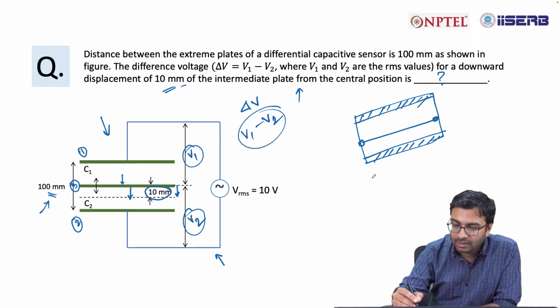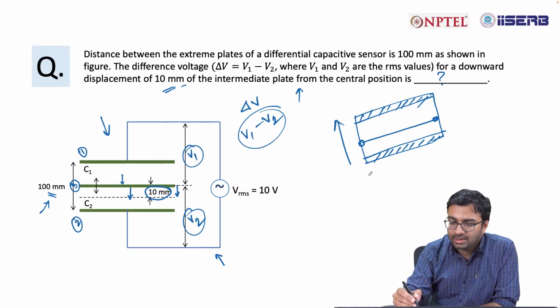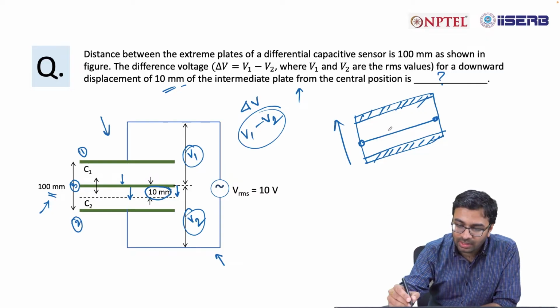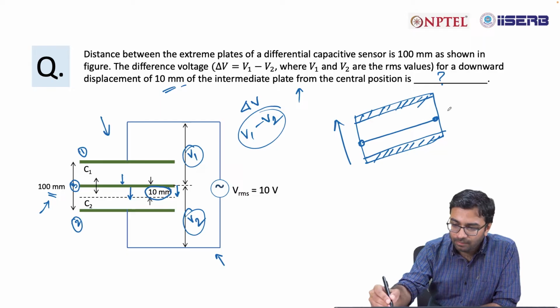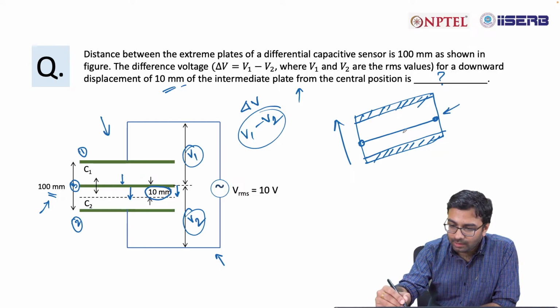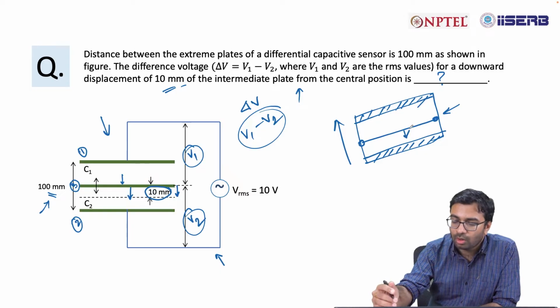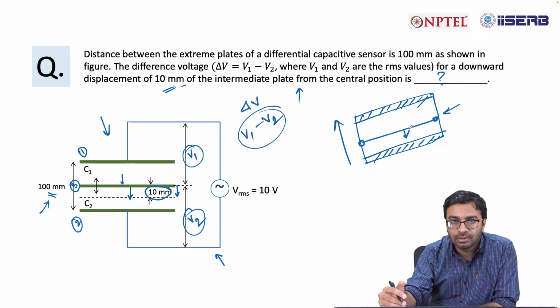If the entire system is accelerating in the upward direction, you may find that the intermediate plate moves in the downward direction.